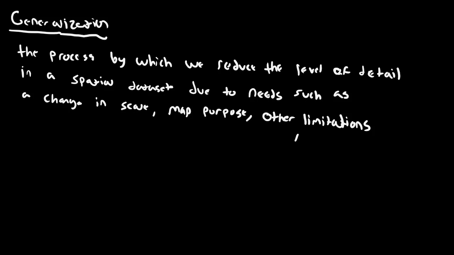And if you have a data set with a lot of complicated features, it's going to be a large data set. And maybe you have a computer that you're trying to process data on that simply can't handle that large of a data set, and so you have to simplify it to reduce the data volume. So that's an example of another limitation. I'm just going to make a note here of, say, data volume. Maybe your data set is just too large.